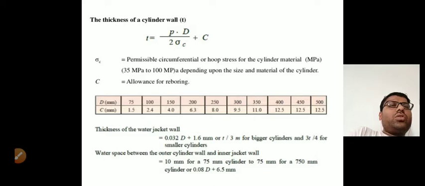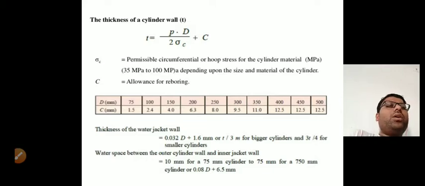So if the thickness is safe for the circumferential stress, then it is also safe for the longitudinal stress. So the thickness of the cylinder wall t is equal to P into D divided by twice sigma c, plus capital C, where capital C is the allowance for reboring.